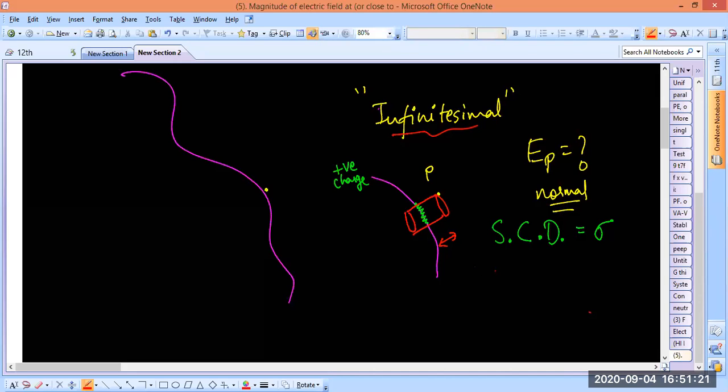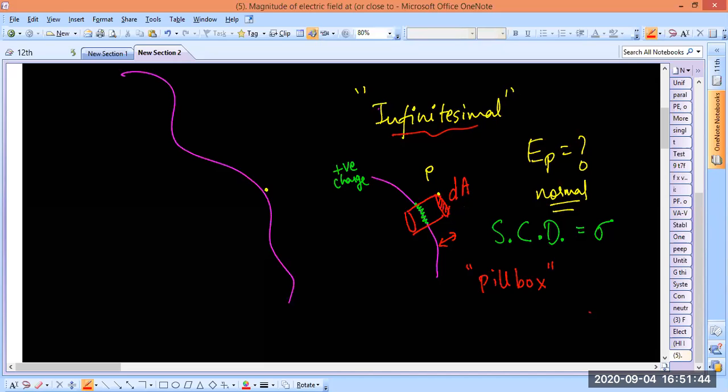Such a short cylinder is also called a pillbox. If you don't remember the word, it doesn't matter, don't cry. Short means very little length, like a coin actually. You can think of it like a coin, right? So suppose this cylinder has surface area dA.